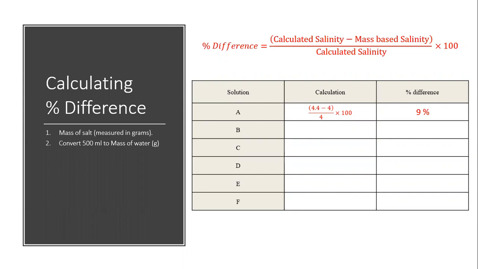You will compare the results to see whether your percent differences are within 2% and 5%. In this example, our percent difference of 9% is out of range. In your lab assignment, complete your calculations for percent difference in Table 5. Again, make sure to show all of your work.